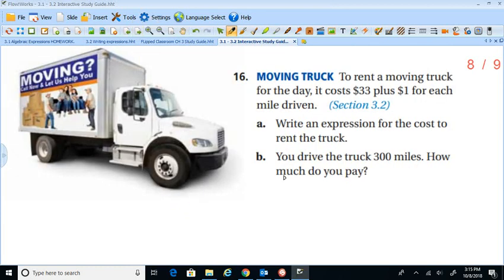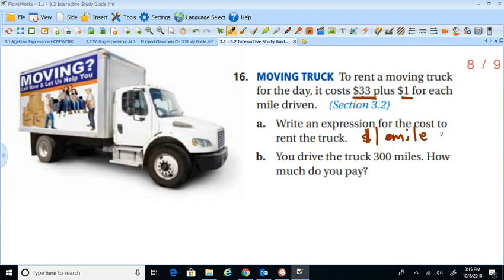Last problem, moving truck. To rent a moving truck for the day, it costs $33 plus $1 for each mile driven. Write an expression for the cost to rent the truck. Well, it's going to cost you $1 for every mile. So I'm going to call it $1 times every mile.